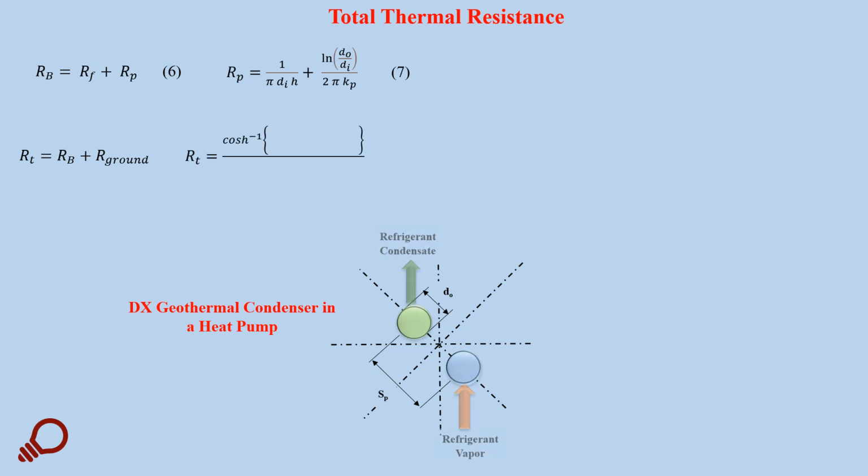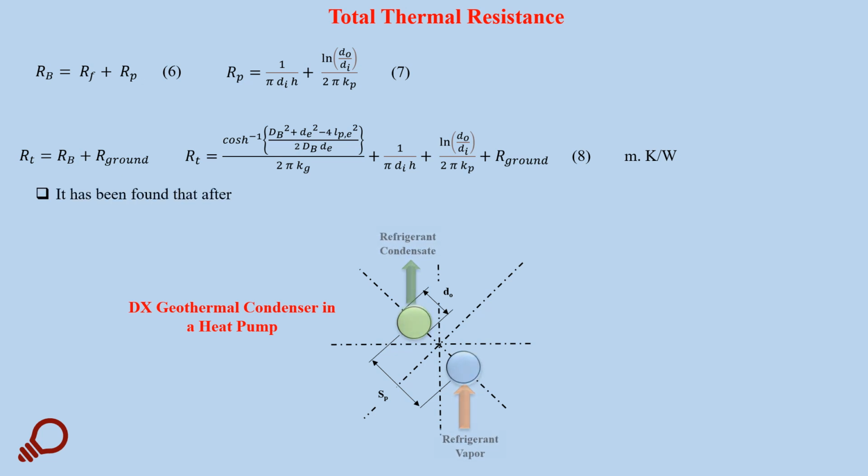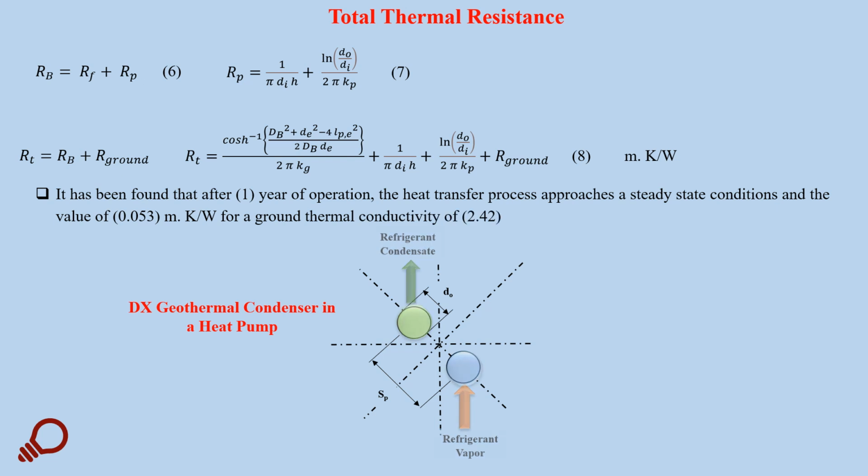And R ground is usually dependent on time, because the conditions in the soil vary with time, but equation 8 can be represented with a constant value of R ground, because it has been found that after 1 year of operation of the geothermal heat exchanger, the soil heat transfer performance will reach steady state conditions with R ground equal 0.053 meter Kelvin per watt when the thermal conductivity of the soil was 2.42 watt per meter Kelvin.